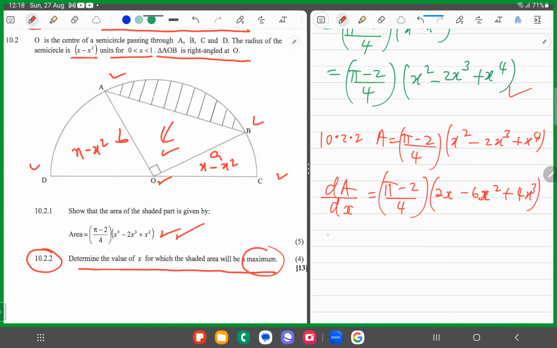which therefore means that 4x cubed minus 6x squared plus 2x equals 0. Common factor.